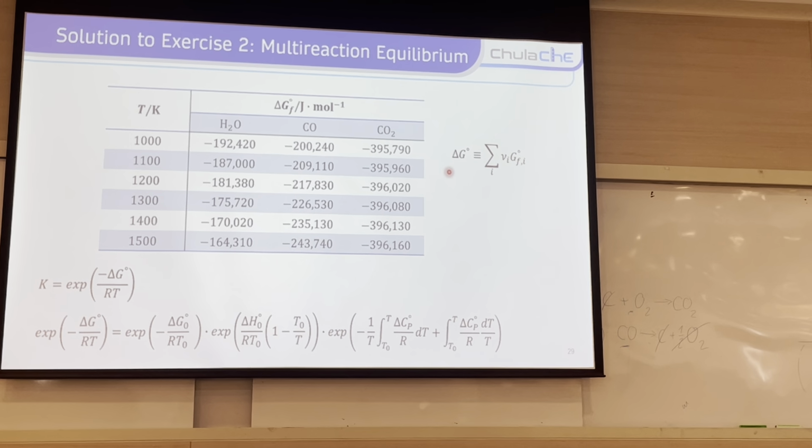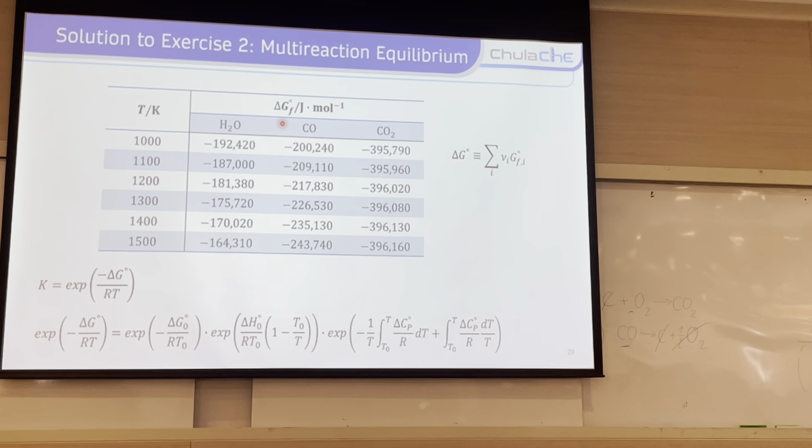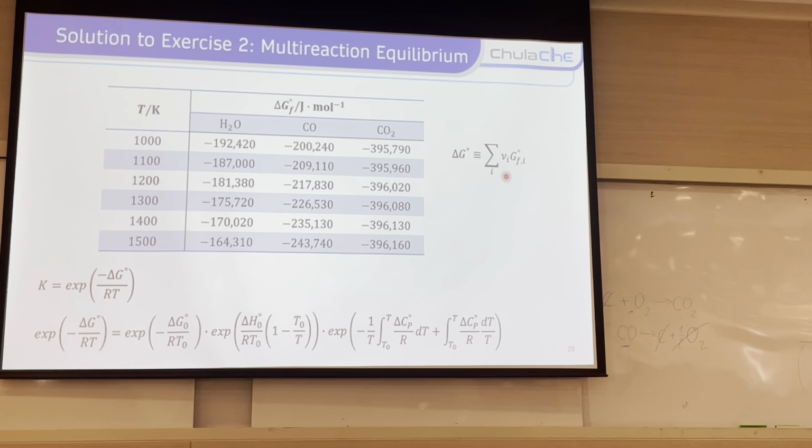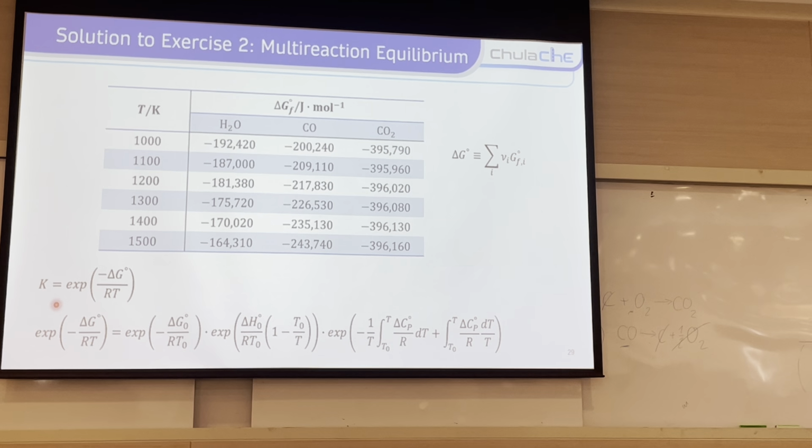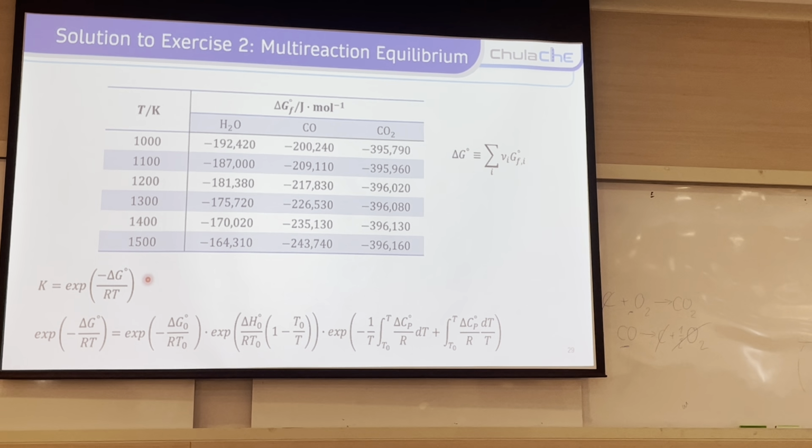But in this case, they have already given you the standard Gibbs energy change of formation at the reaction temperature. So the method is you just sum, weighted with the stoichiometric number of each species for each reaction, then you can calculate the equilibrium constant using this equation directly. You don't need to use the second one. You can use the short equation directly. So this is the general data from the example here.